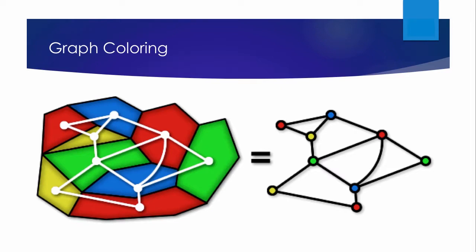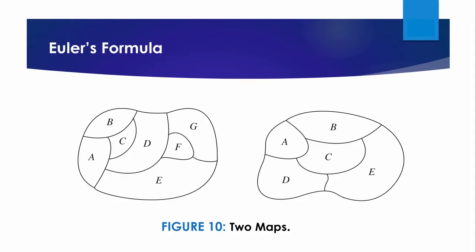One way to ensure that two adjacent regions never have the same color is to use a different color for each region. However, this is inefficient, and on maps with many regions, it would be hard to distinguish similar colors. Instead, a small number of colors should be used whenever possible.